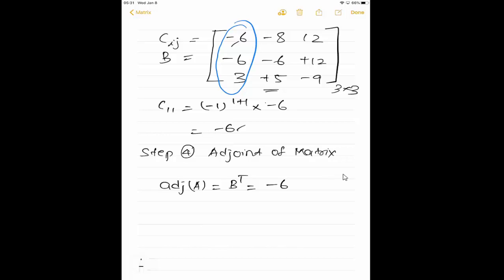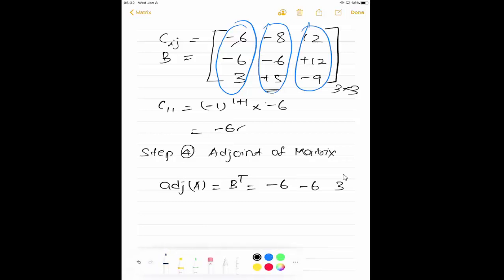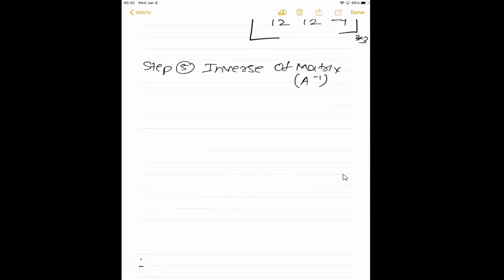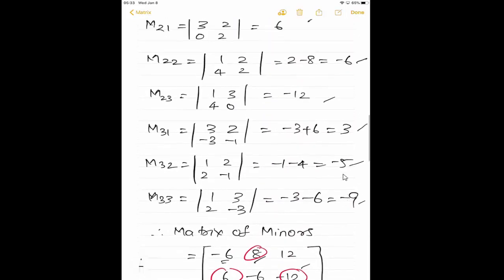I am writing it minus 6, 3, then second column, third column, same way, minus 8, minus 6, 5, then 12, 12, minus 9. Then the last step is inverse of the matrix, that is A inverse. First write down the formula, 1 by determinant of A into adjoint of A. We know what is the determinant.